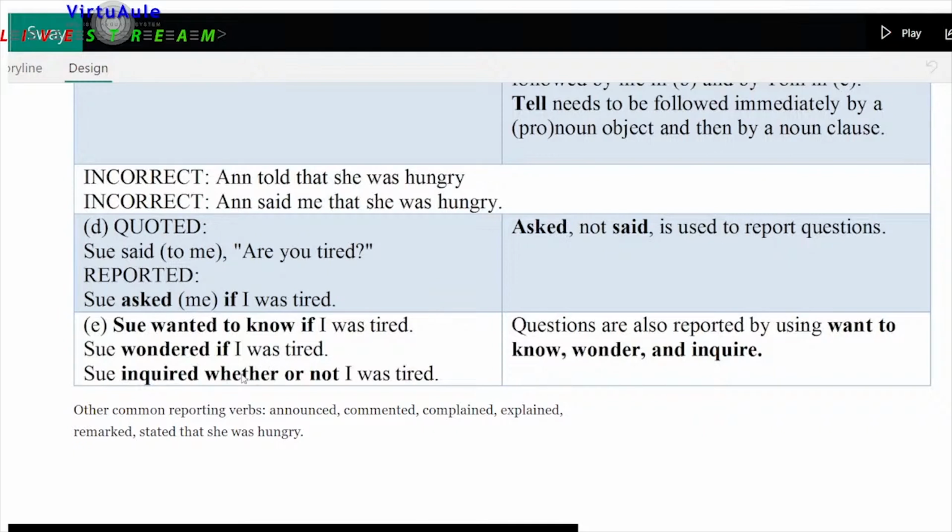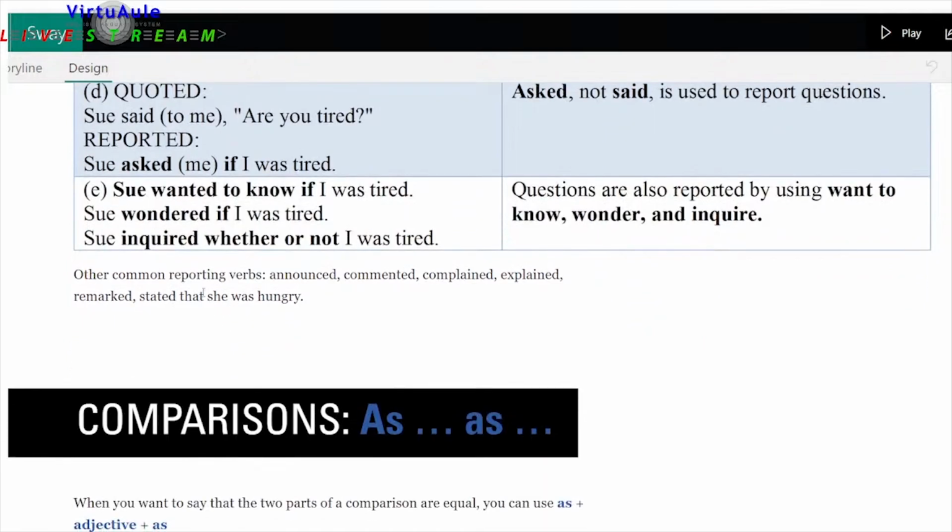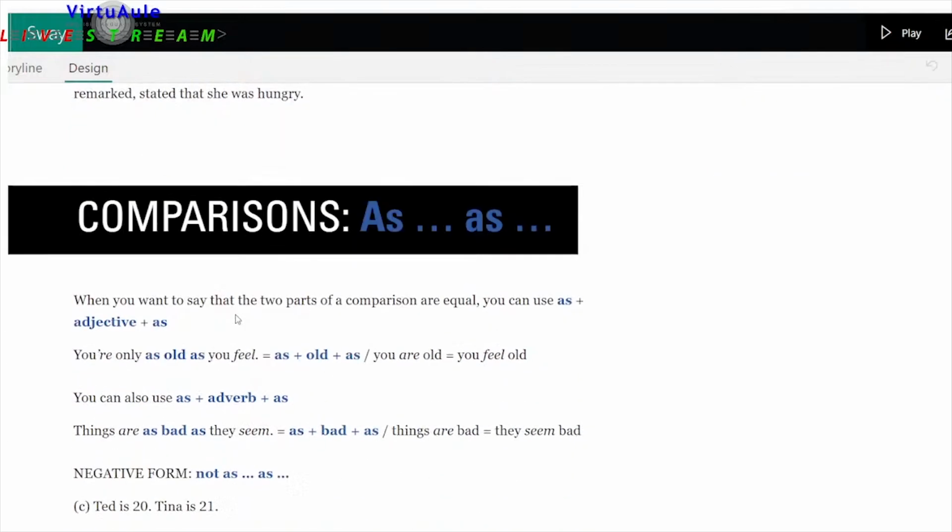Okay, whether or not is just an alternative to use if. You cannot say if or not, you say whether or not. So we don't have a question word in this question, so we're using if or whether. Other common reporting verbs are announced, commented, complained, explained, remarked, stated that she was hungry. Okay, those are all possibilities.